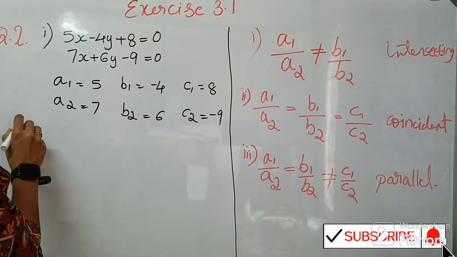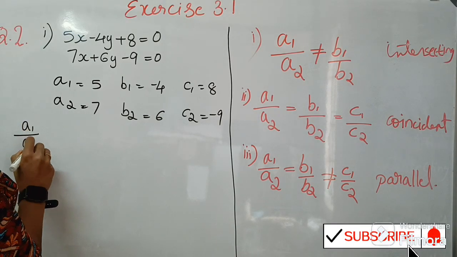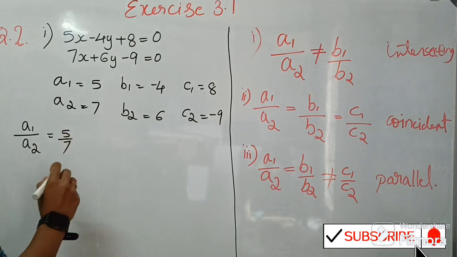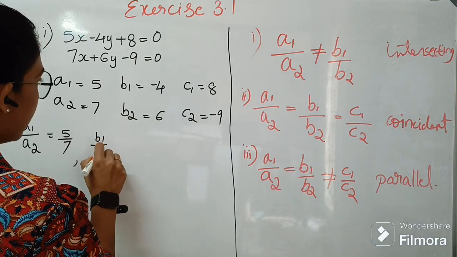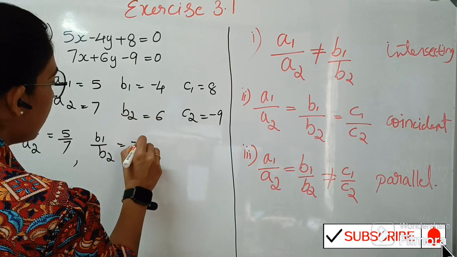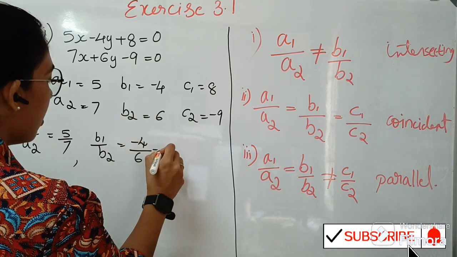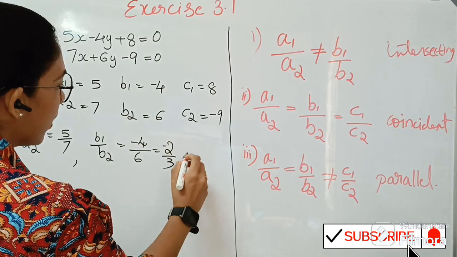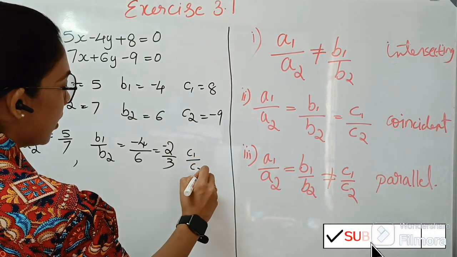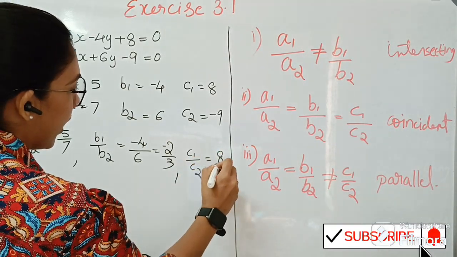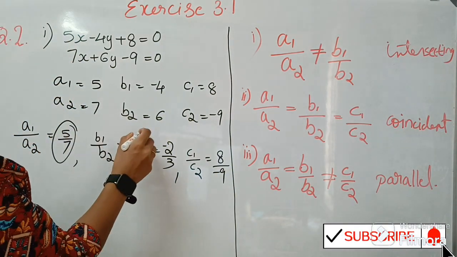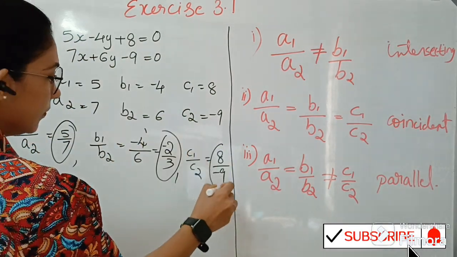First we have to find out a1 by a2. That is, a1 by a2 is equal to 5 by 7. Then what is b1 by b2? Which is equal to minus 4 by 6 or minus 2 by 3. And finally c1 by c2 is equal to 8 by minus 9.